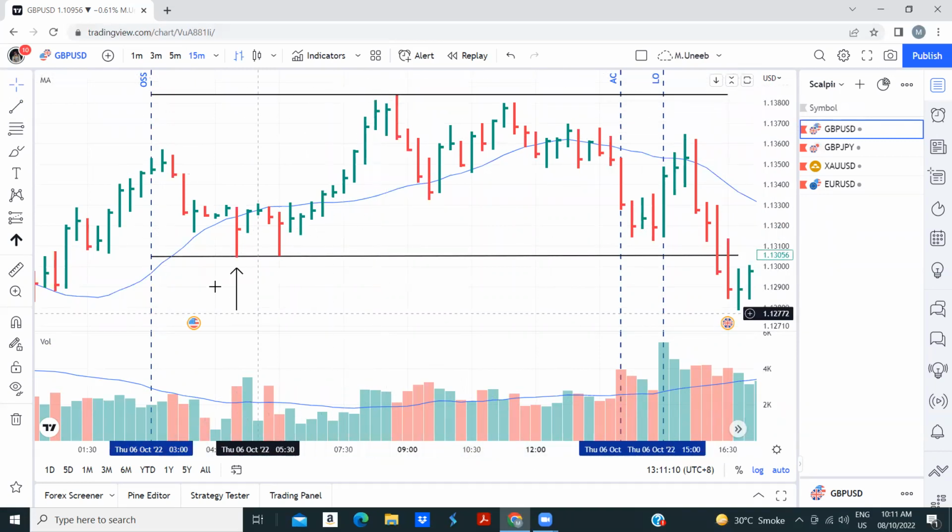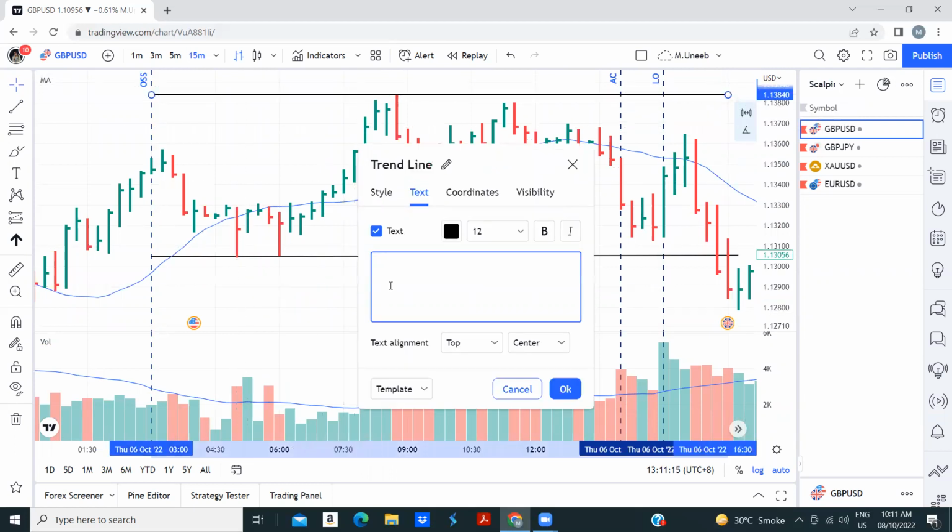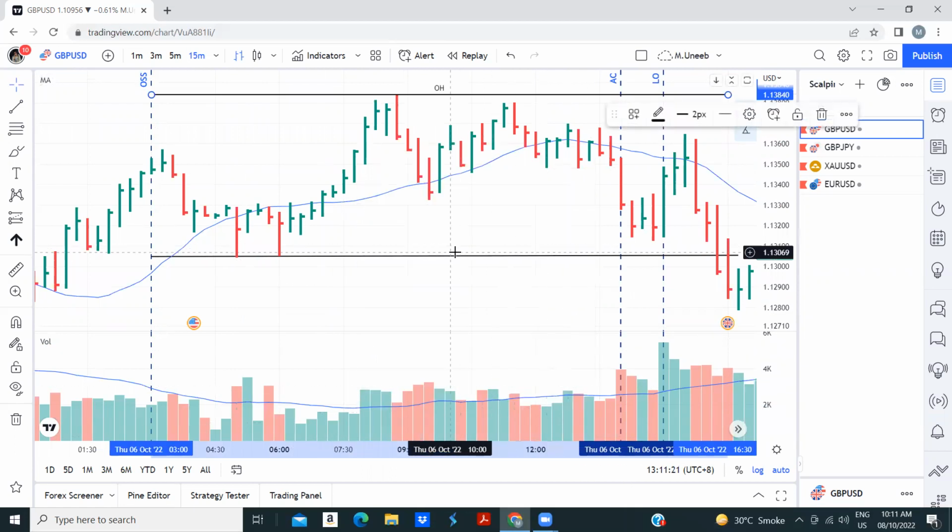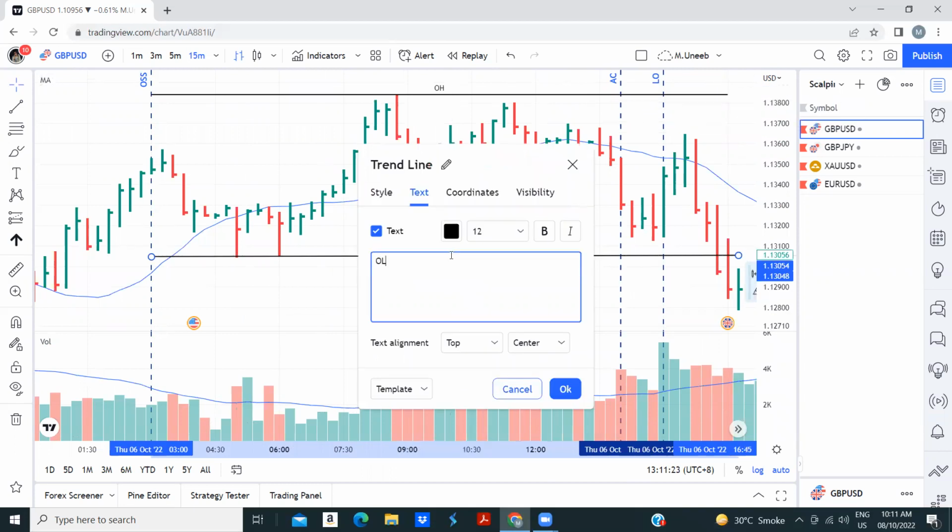So we have marked this one as the overnight high, and this one as the overnight low.